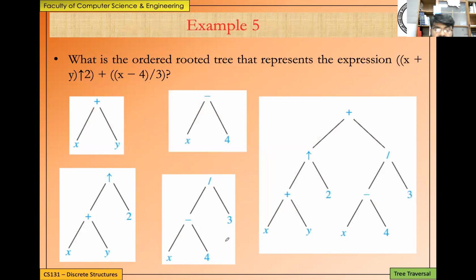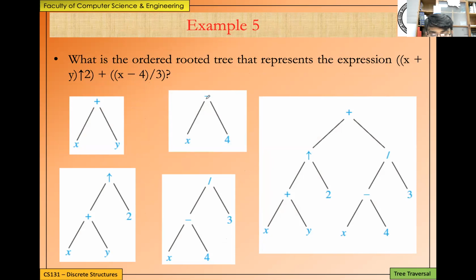So for example, what is the ordered rooted tree that represents the expression (x + y) ↑ 2 + (x − 4) / 3? In this case, we know that x plus y is represented like this. Raised to power 2 can then be represented by using this and in this manner. And this basically shows that if you want to evaluate it, it is x plus y raised to power 2. Then the second part is x minus 4.